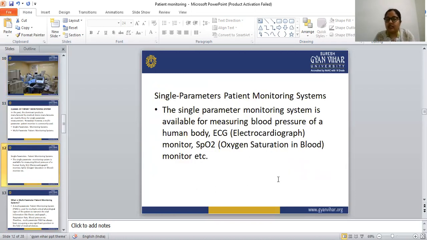In that database we can collect all the information about the patient monitoring system. In every hospital, pharmacy, and laboratory system, databases are available, and we can store all the information regarding the patient in a single place. So this is all about the patient monitoring system.